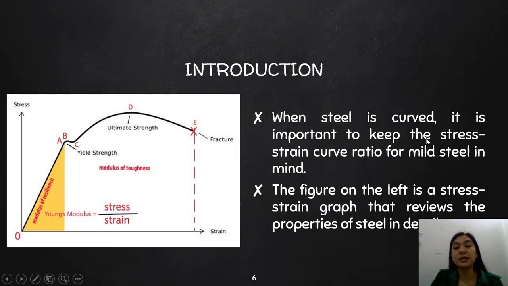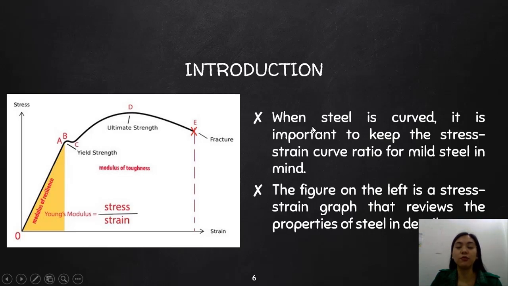It says here, when the steel is curved, it is important to keep the stress-strain curve ratio for mild steel in mind. The figure on the left is a stress-strain graph that reveals the properties of steel in detail.